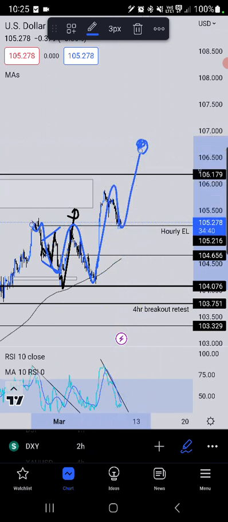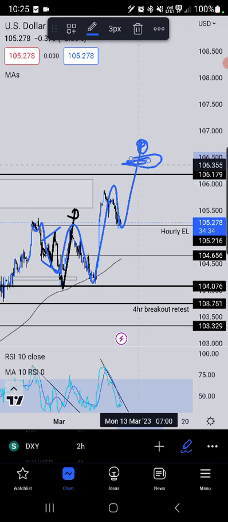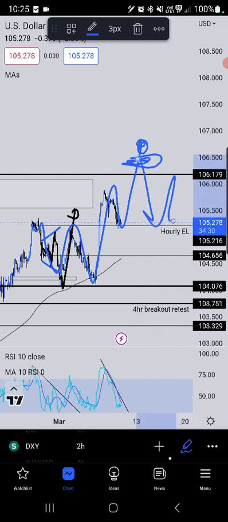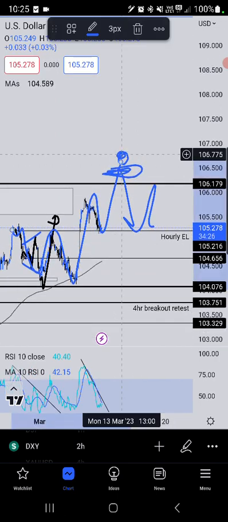That's that 106 to 107 level I'm talking about, probably more like here. And then we can come back down and start putting in corrections and move around this area. So that's what I'm kind of expecting.